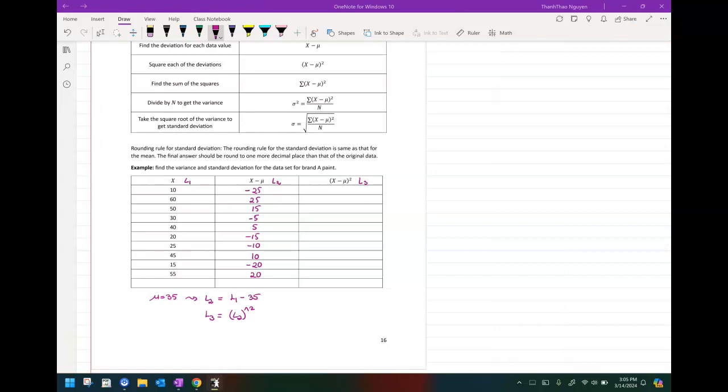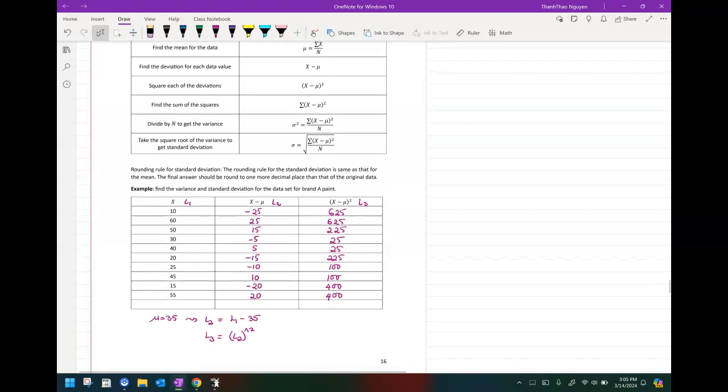I will write that into my third column. 625, 225, 25, 25, 225, 100, 100, 400, 400.